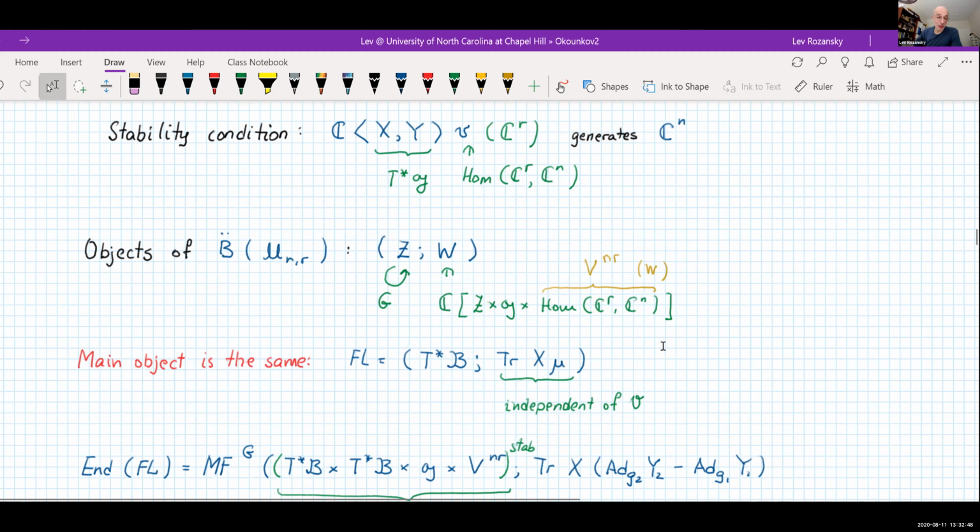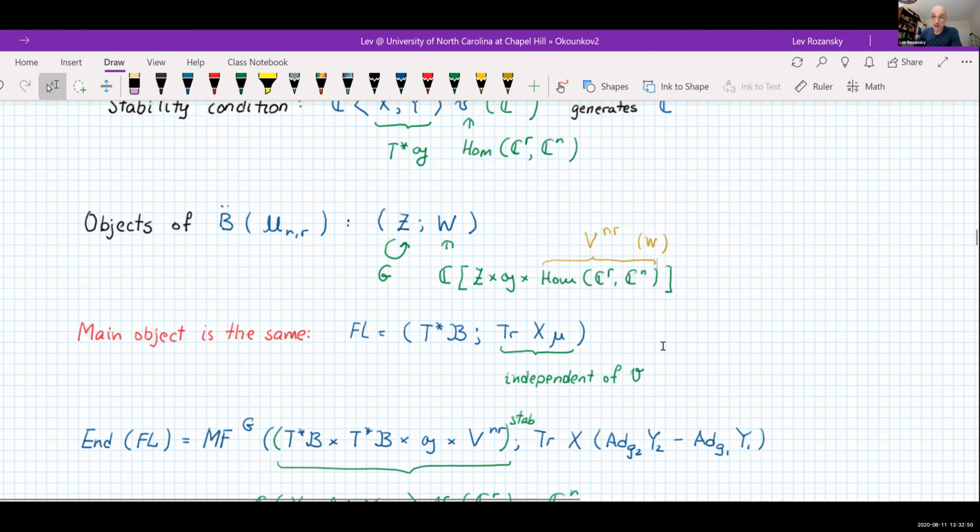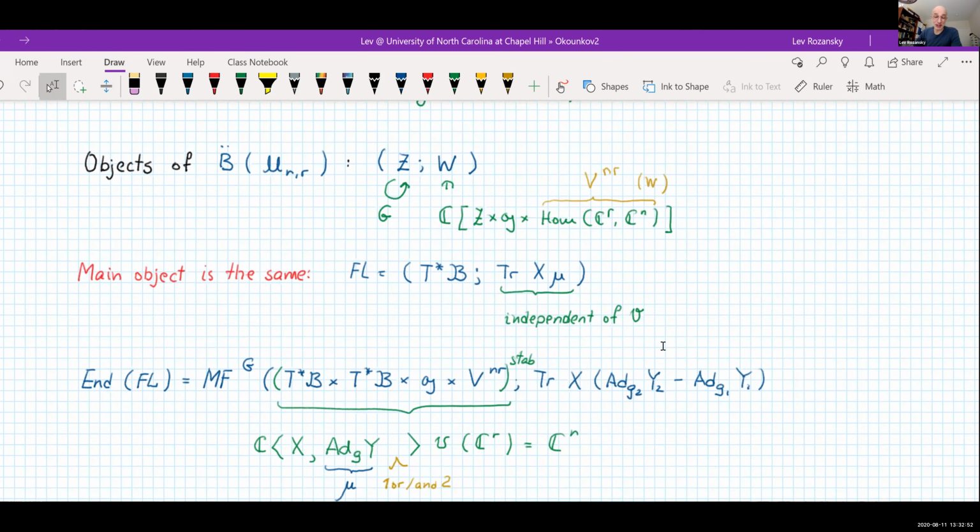But we will use the same main object. So it's still the cotangent bundle to the flag variety and the same W. So we do not use the framing vector here. We could, but we don't use it. So we could play with it a little bit, but we didn't play yet.